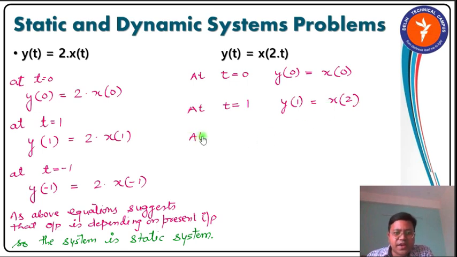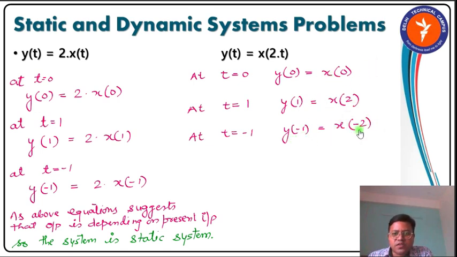Similarly, let us check the system at t = -1. We have y(-1) = x(-2). Now this says that the output at -1 is equal to the input at -2. That is, the present output is depending on past values.